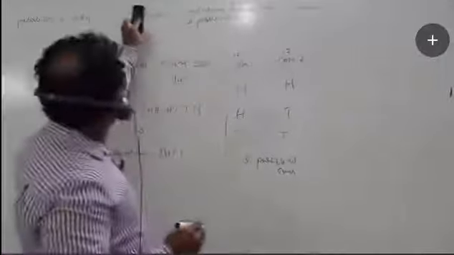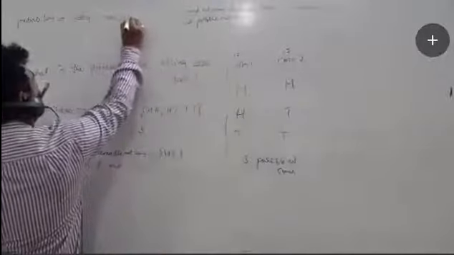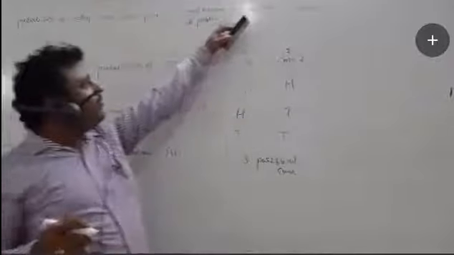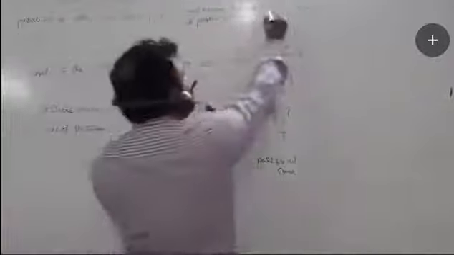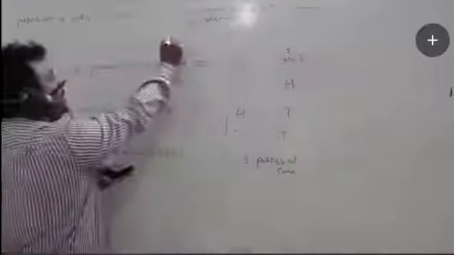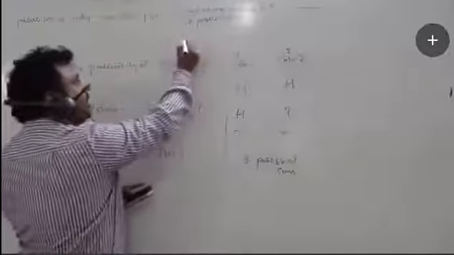The probability of getting one tail, P of T, is the number of outcomes favorable to T by all possible outcomes. How many favorable outcomes? Yes, 1. All possible outcomes are 3.